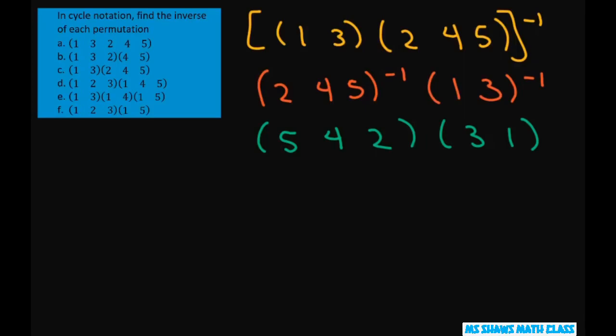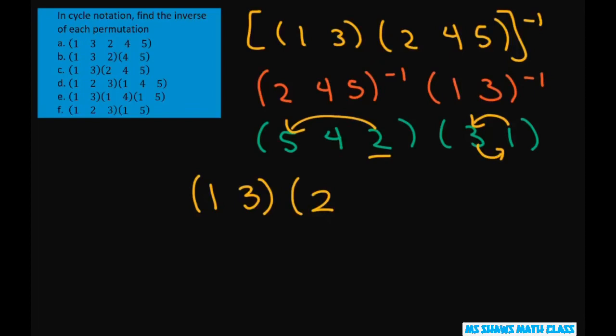Now to write your permutation out, to let 1 be the lead, we know 1 maps to 3, and 3 maps back to 1, so you close it up. Our next number is 2. 2 maps to 5. 5 maps to 4. 4 maps to 2, so close it up.